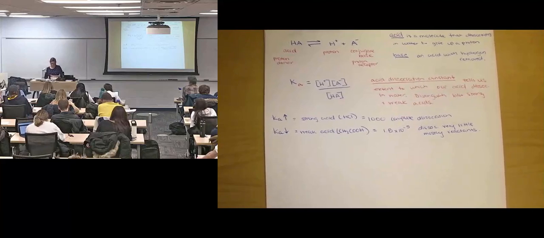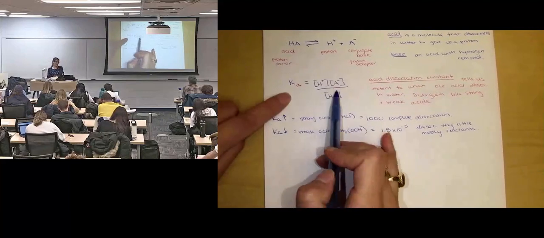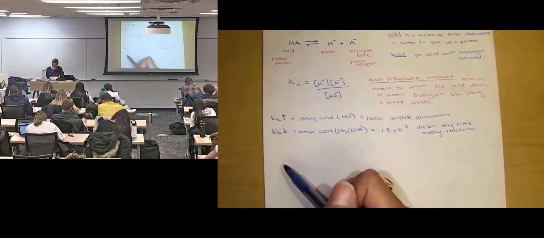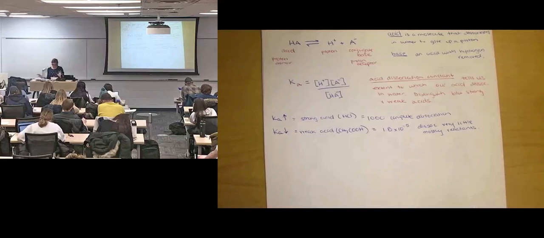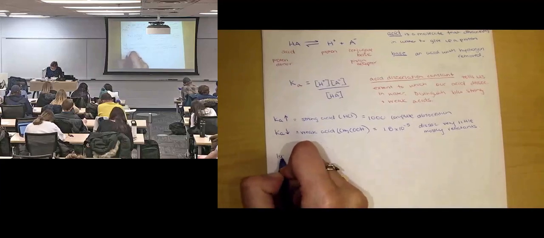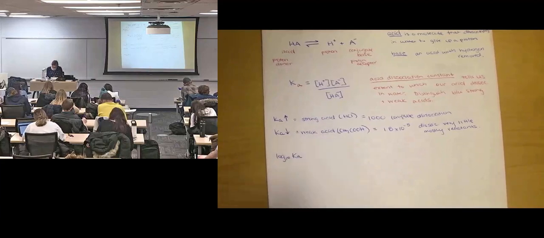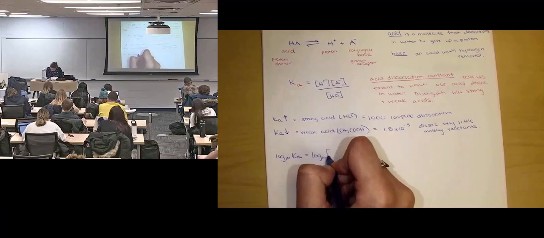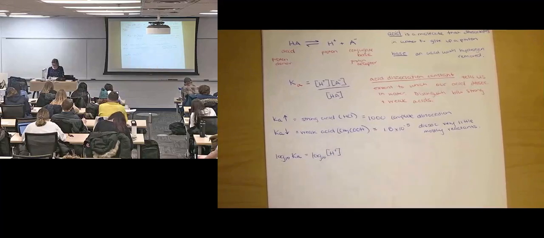So one of the things I can do now is take the log of both sides of this equilibrium that I've set up, this acid dissociation constant. So if I take the log, in base 10 now, we're not doing natural logarithm anymore, I would have the log base 10 of K sub A is equal to log base 10 of the proton concentration.